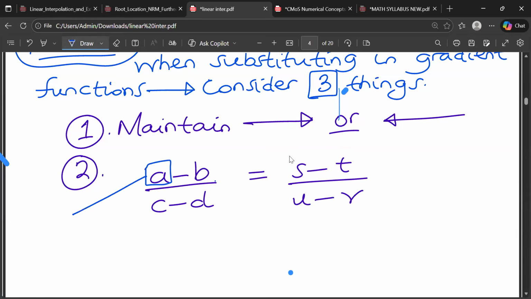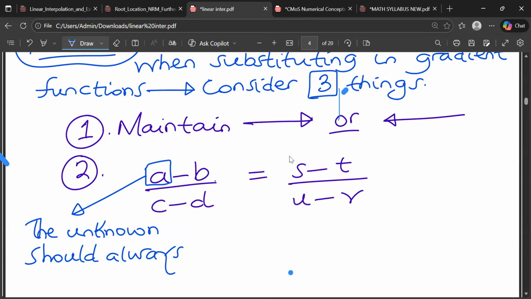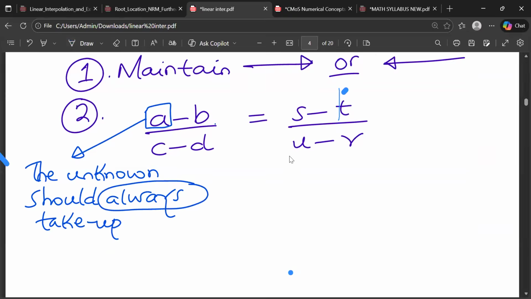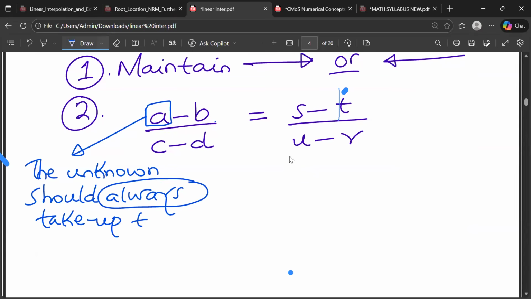The unknown should always take up that position. Hope you are noting this word always. Should always take up that position.